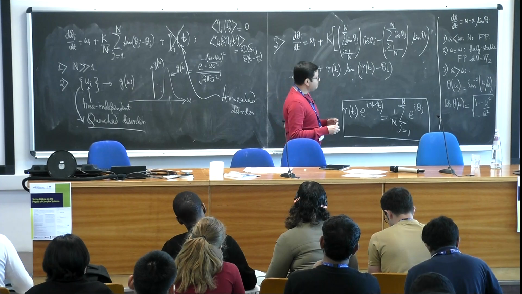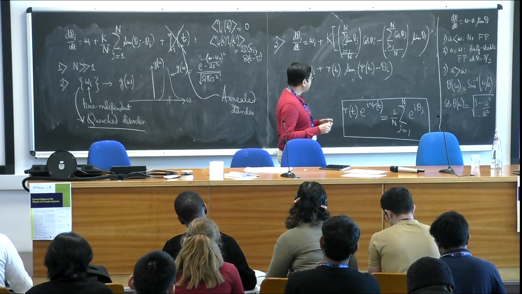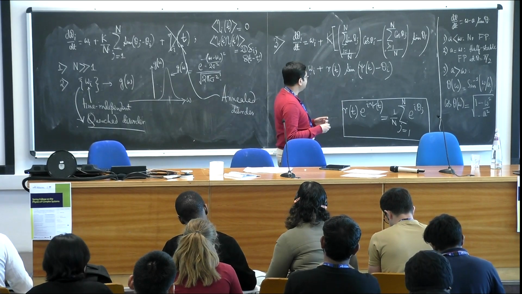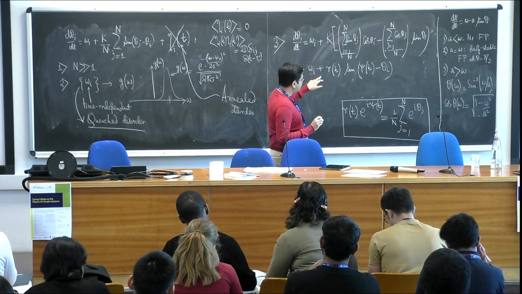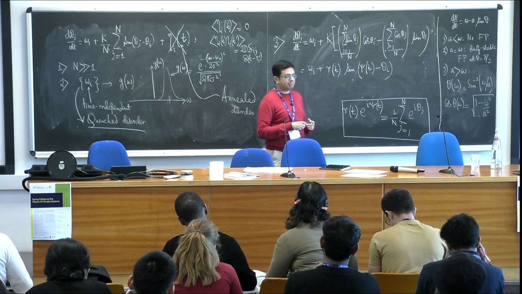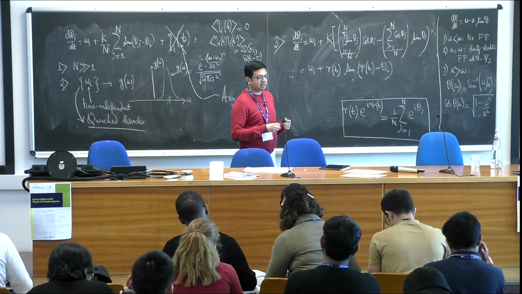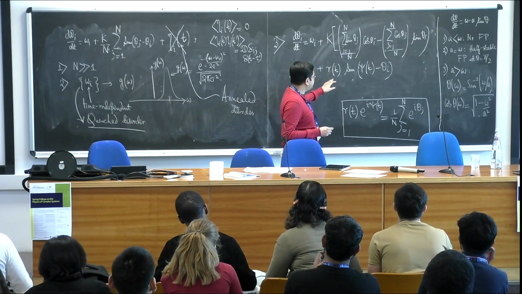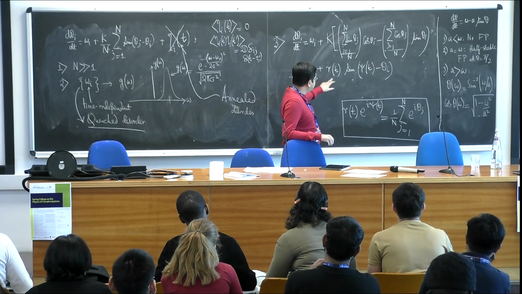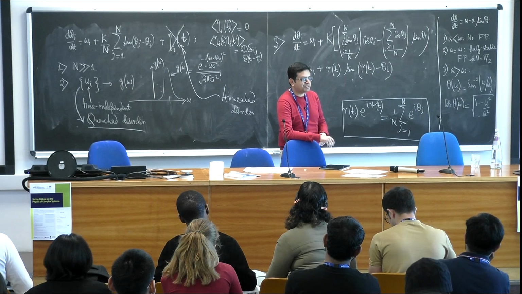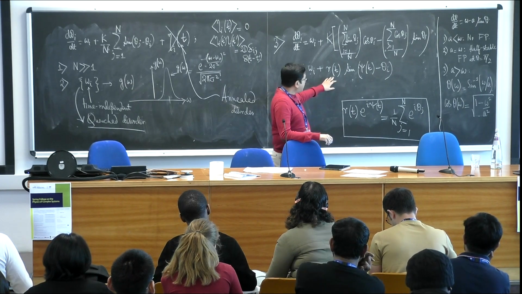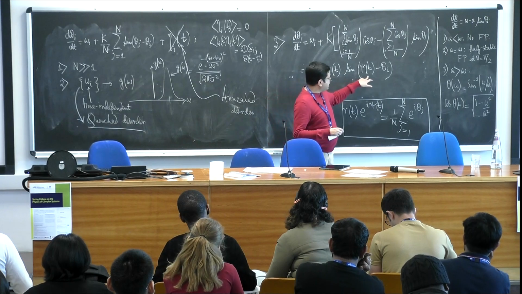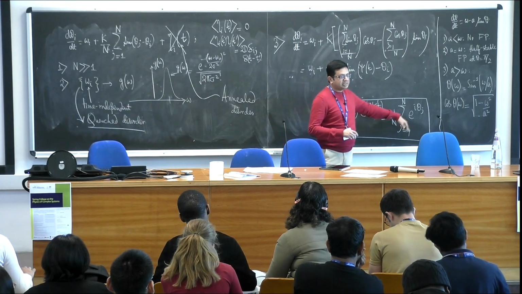But it is very deceptive because although it seems as though the oscillators have become decoupled, actually they aren't decoupled. Which term in this equation of motion tells me that the oscillators are not decoupled? R of t, right? R of t and psi of t depend on all the oscillators.